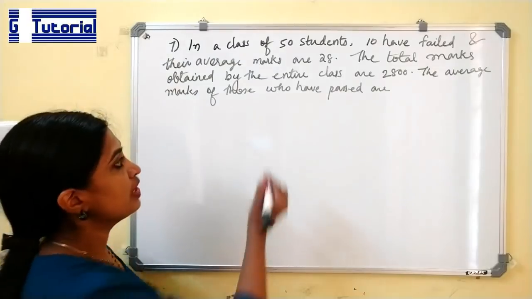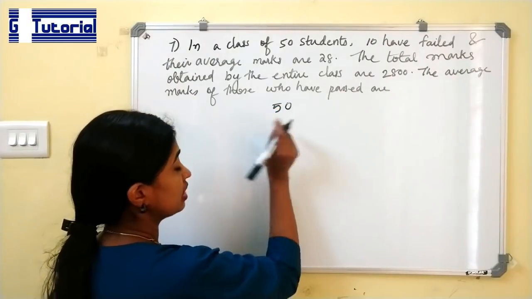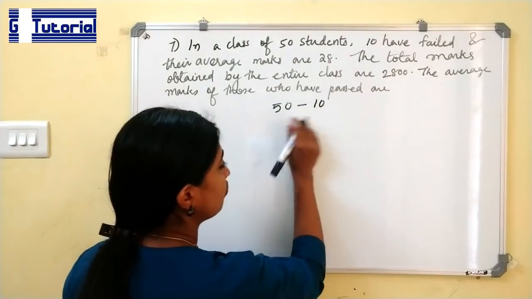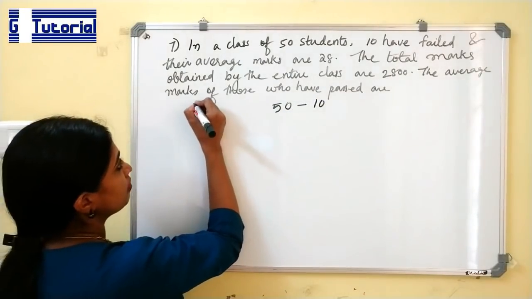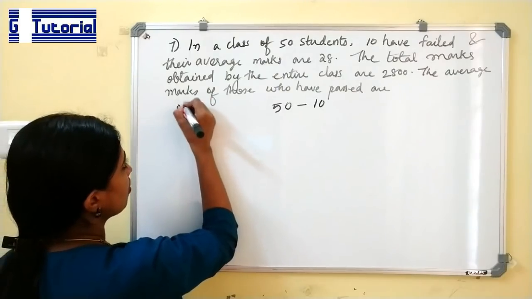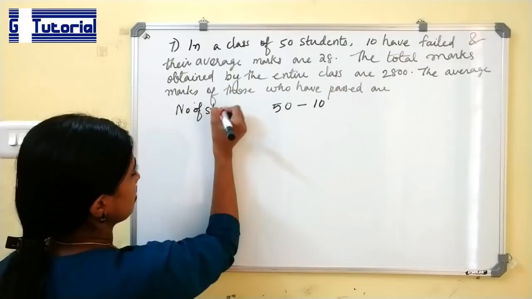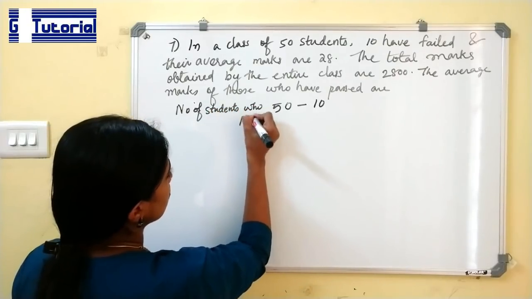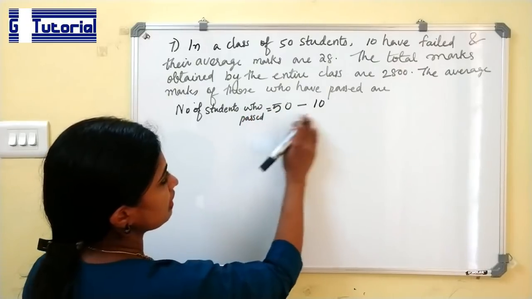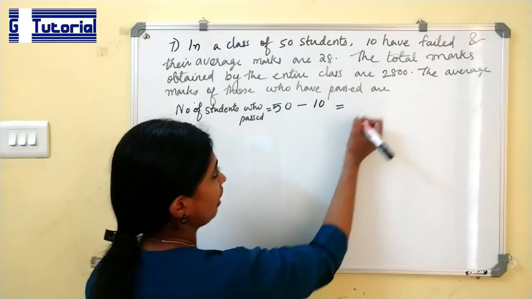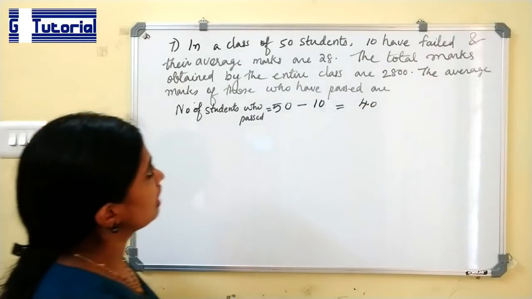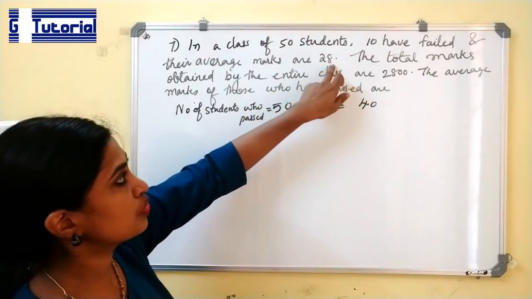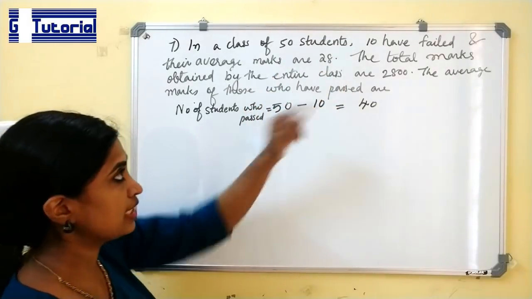So, 50 is the total number of students and 10 is the number of students who failed. 50 minus 10 gives the number of students who have passed. Number of students who passed the exam is equal to total number of students minus number of students who have failed, that is equal to 40. Next, we are given the average marks of students who have failed is 28. 10 students failed.